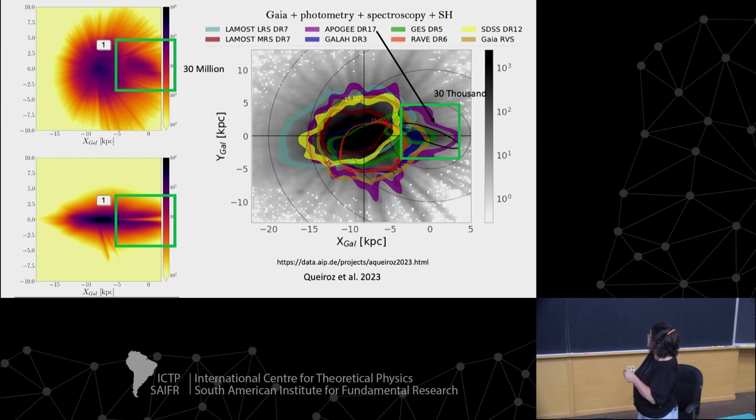This is face on, this is edge on. So in this square, if I go to APOGEE, I go from 30 million to 30,000. That's the price you pay to have spectroscopy. So if you need a larger sample than that, you're going to use the photometry. That's why it depends on the question you want to answer.